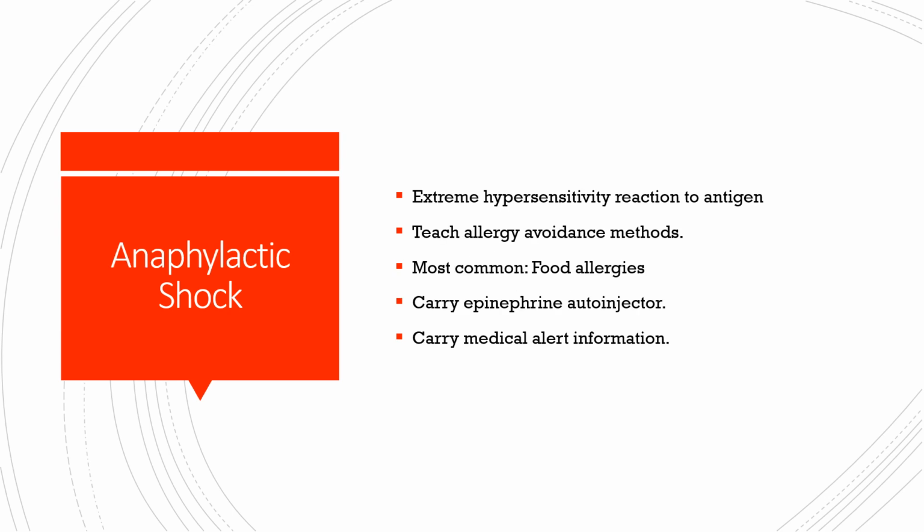Anaphylactic shock is the most severe type of distributive shock, and it is an extreme hypersensitivity reaction to an antigen, such as insect stings, medication, peanuts, antibiotics, anesthetic, contrast dye, or blood product. The most common is usually food allergies like peanut allergy or shellfish or shrimp.